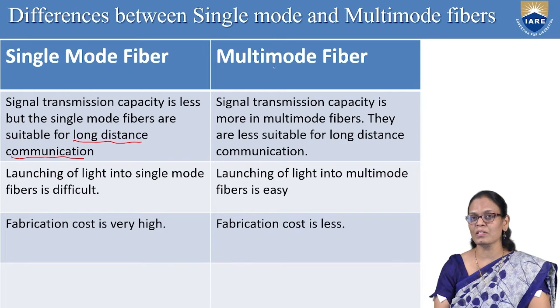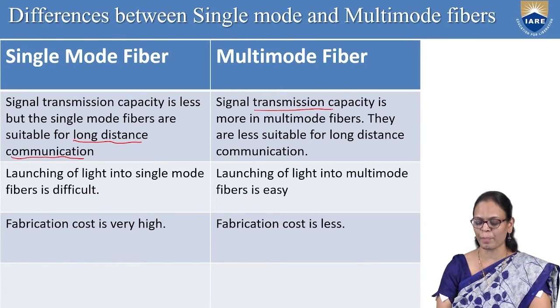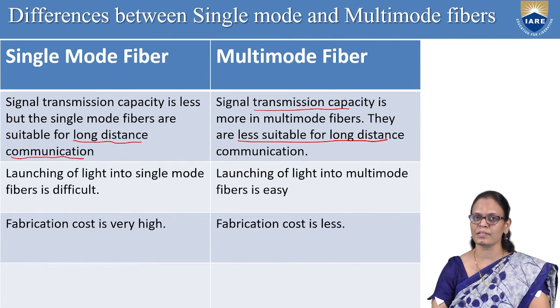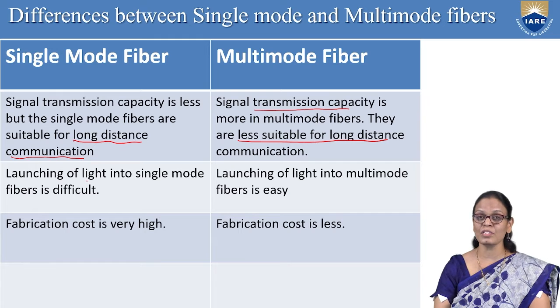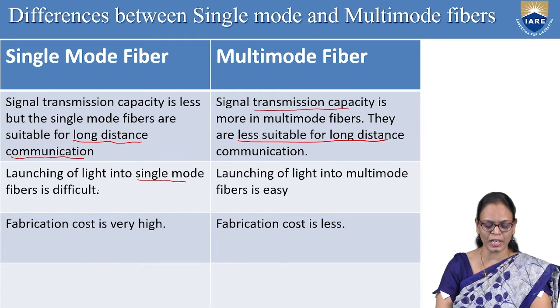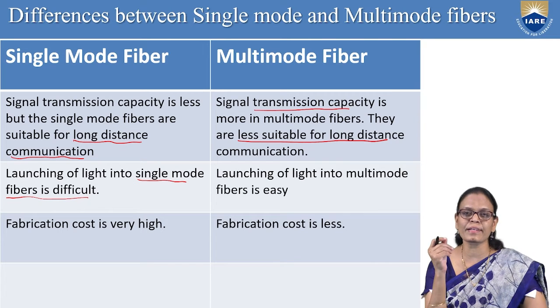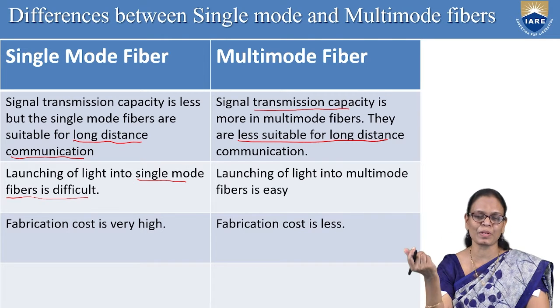Here, because of the large diameter of the core, the signal transmission capacity is more, but it is less suitable for long distance. It is used only for short distance communication. Then launching of light into single mode fiber is difficult, because we have already discussed this with the help of acceptance angle.